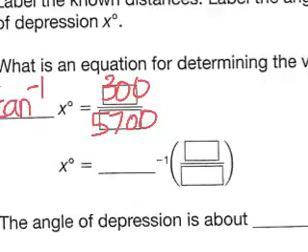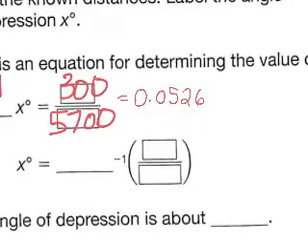So let's do it that way. So 300 divided by 5,700. So on my calculator, I get 0.0526, and I'm only doing it to the 4th decimal place.